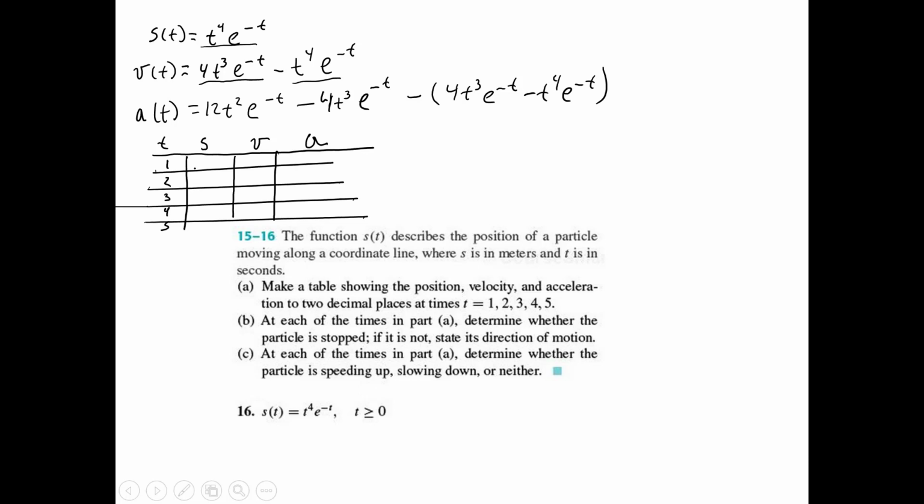So I was getting a negative number for my first one, and I knew that there had to be something wrong. So the position is at 0.37.